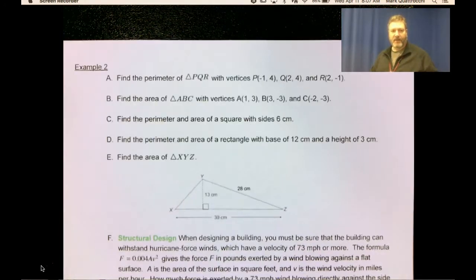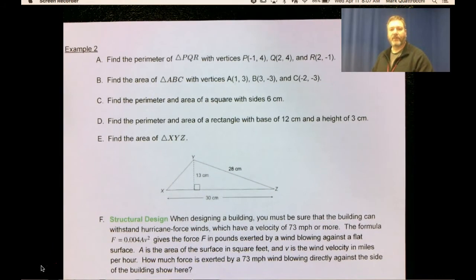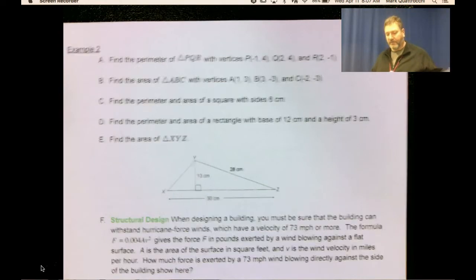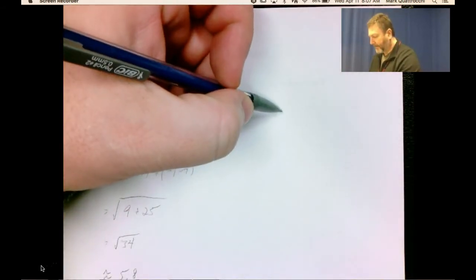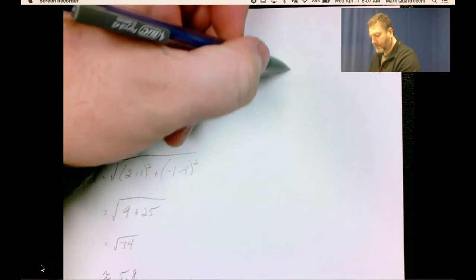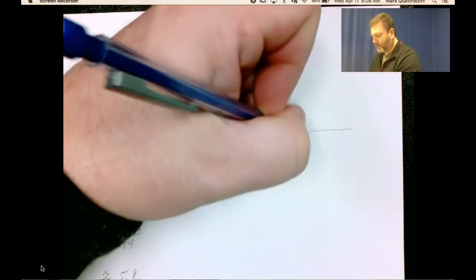Okay, part B. Find the area of triangle ABC with vertices A(-1, 3), B(3, -3), and C(-2, 3). This one I am going to sketch quickly. You'll see why.